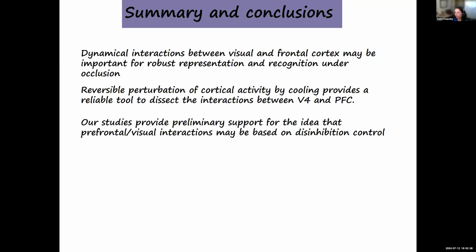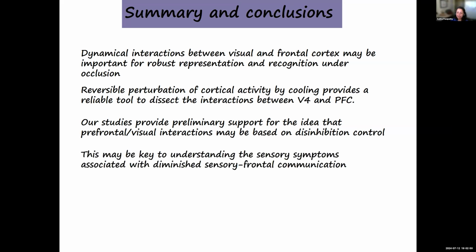We think, based on our preliminary data, that it may not be a straightforward excitatory feedback relationship. It might be more of a disinhibition control model, but the jury is still out on that. And we think these sort of dissections might be important for us to understand how diminished sensory frontal communication might be important for sensory symptoms in some sort of brain disorders.